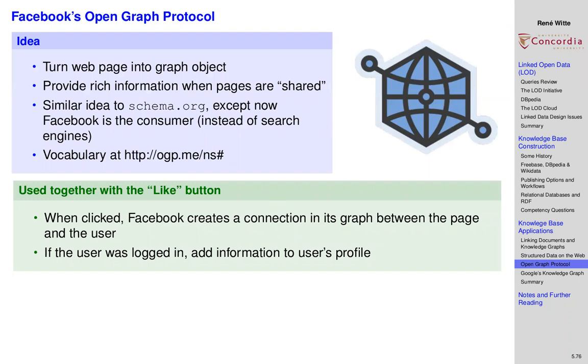Facebook's Open Graph Protocol. So what's the idea? Basically, again, you have embedded structured data in a web page so that you can turn it into a graph object. You've seen in the other examples, a lot of the web pages are using schema.org.